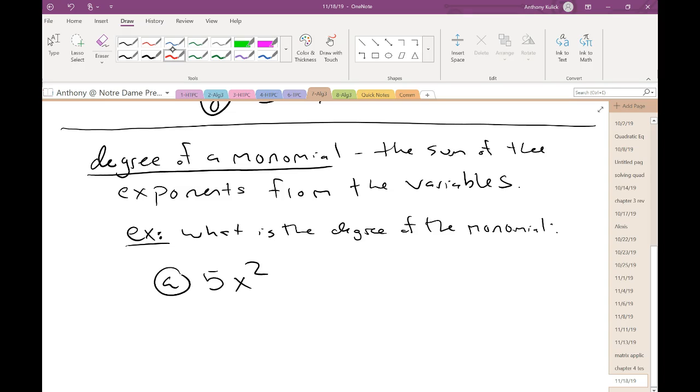What's the degree for that guy? 2. Everybody agree with that? Why is the degree 2? The only exponent on the variable is a 2, so the degree is 2.